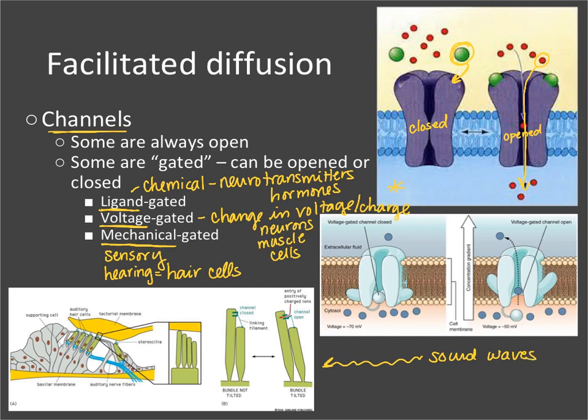When it bends these structures, it opens up a channel and allows something to cross that channel. And that's how the information gets converted from sound waves to a signal that your brain can understand and process.